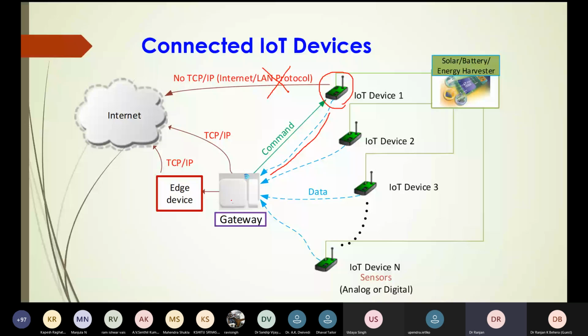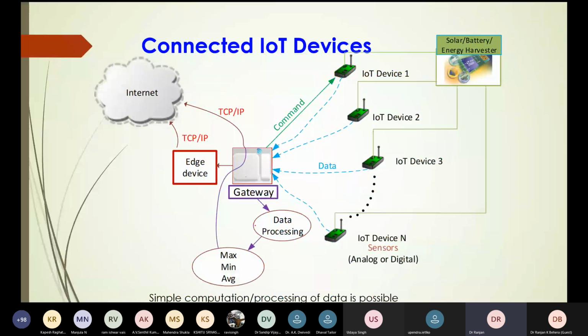They get data and the gateway starts sending it to the edge device. And both gateway and edge device have capability. For example, this is a gateway. Simple computation and processing of data is possible. For example, I am getting the humidity or the temperature here.